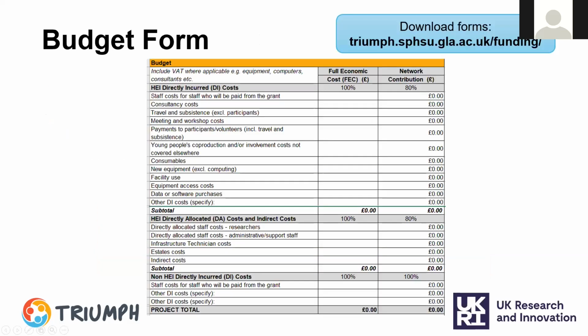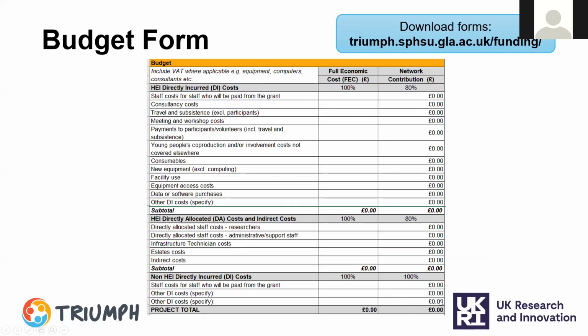To help you in calculating this, if it's all looking a bit confusing, we have included a budget form. So when completing this, you'll just need to complete the first column here, which is the full economic cost of the project. So this is the actual cost at 100%, and it's split down by the academic costs and non-academic costs. The second column will automatically populate with the network contribution, whether that's 80% or 100%.